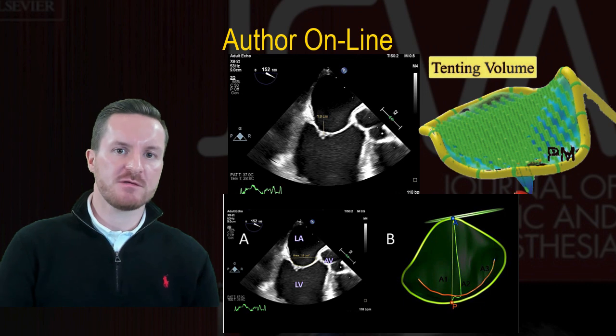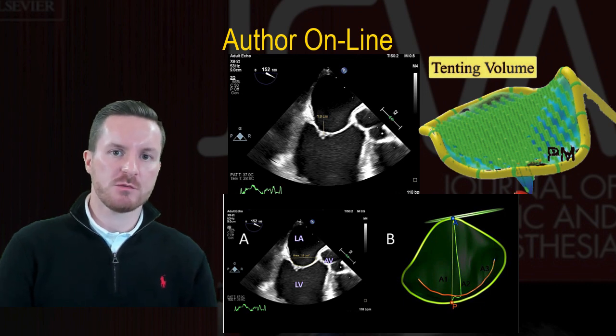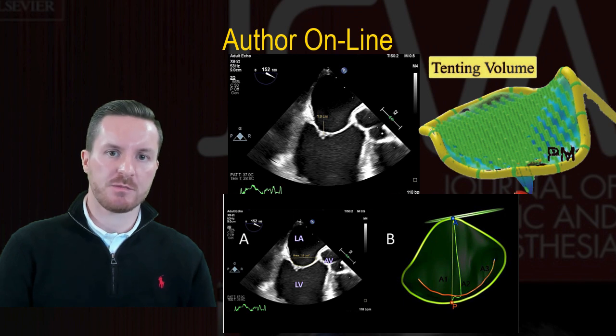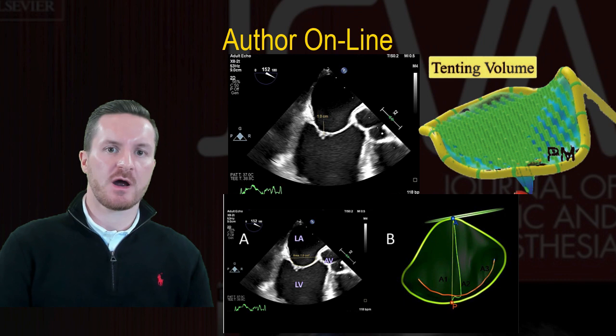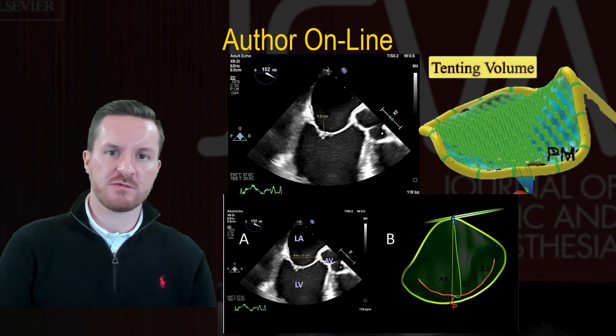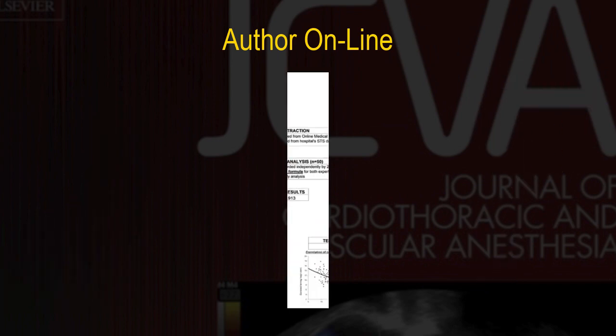The geometric indices that are routinely measured include your tenting height, tenting area, and your tenting volume. So the focus of this paper was to figure out whether there is a correlation between changes in coaptation area and changes in these routine indices that are measured at the patient's bedside in the operating room at point of care.